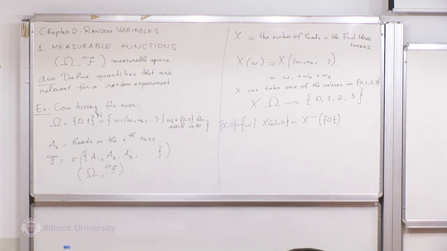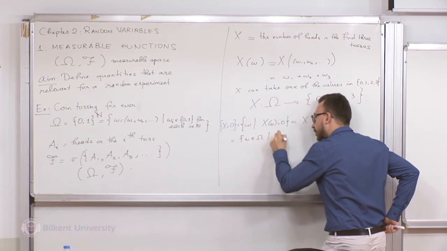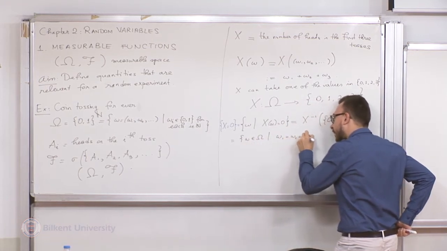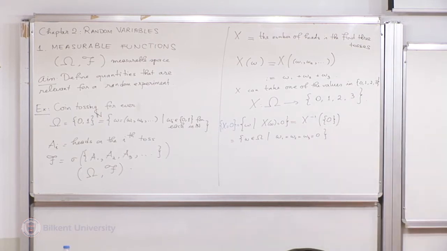So this means we want all omegas for which omega 1, omega 2, omega 3 are all 0. Right? No heads at all in the first 3 tosses. This means we should have tails, tails, tails, and the rest we're not interested in.